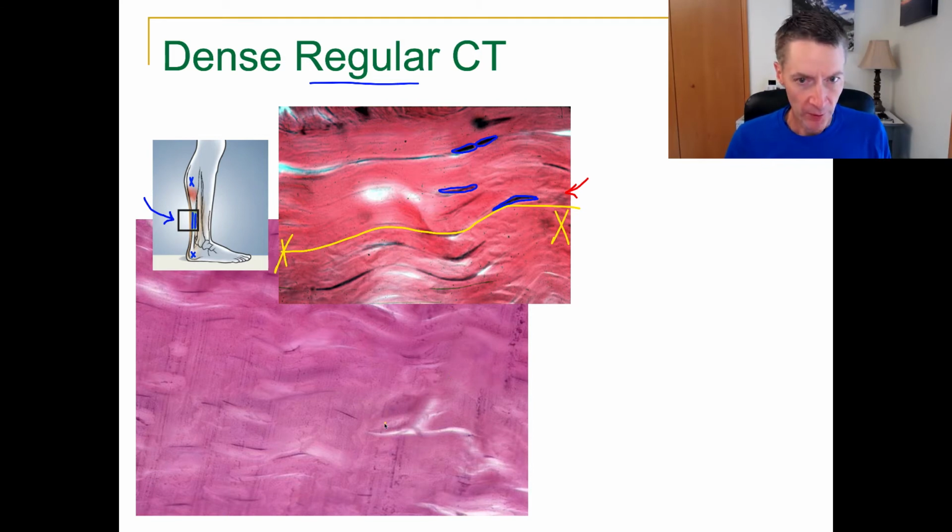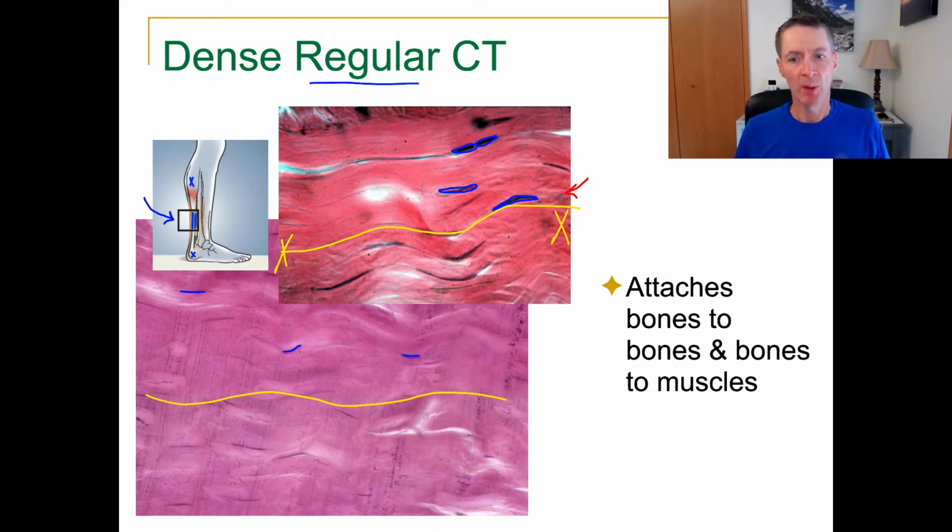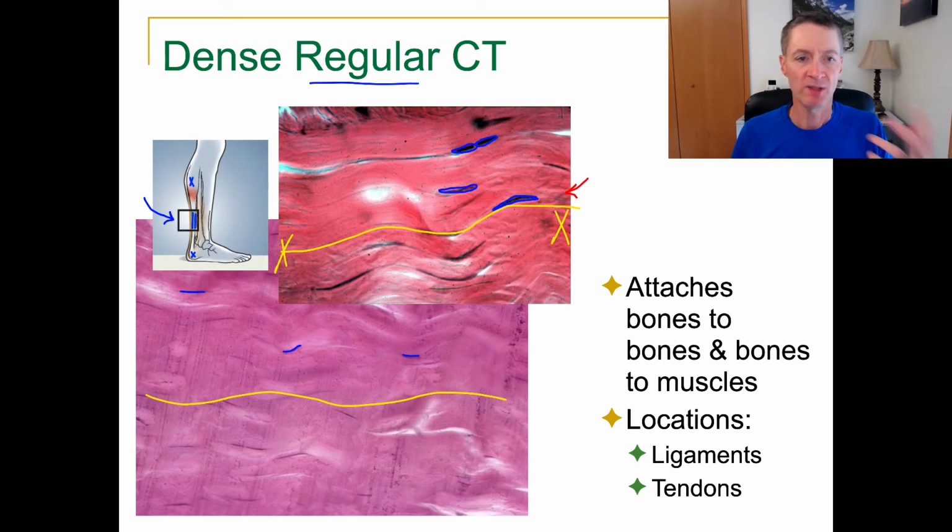Down below, we again see a wavy appearance going across, and we again see our nuclei that are kind of squashed in between those collagen fibers. All right? So these attach bones to bones and bones to muscles, locations, tendons, and ligaments.